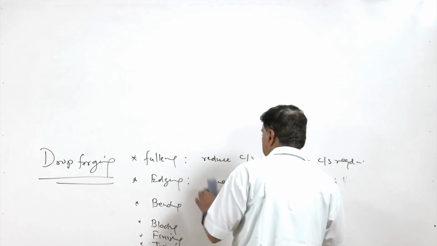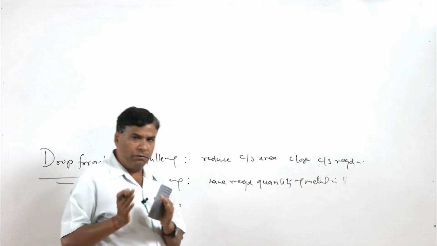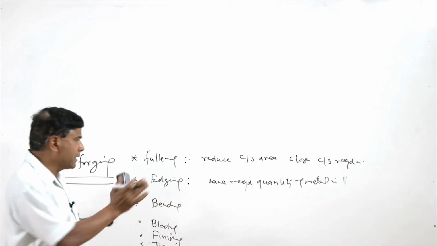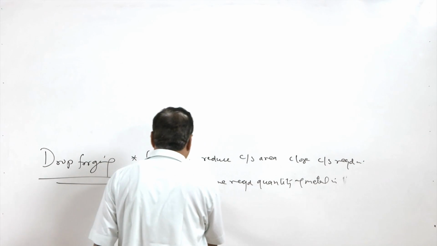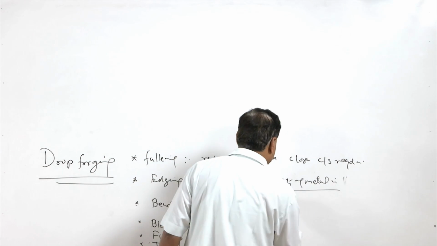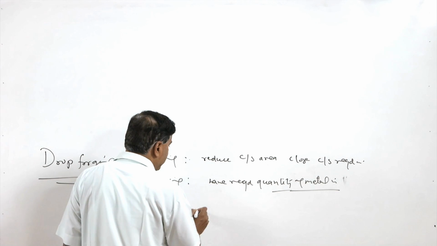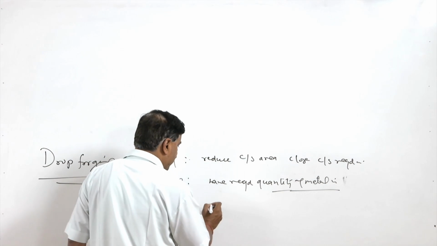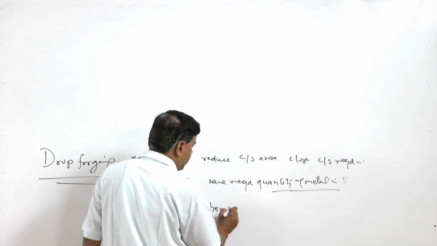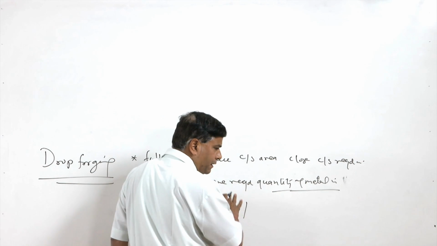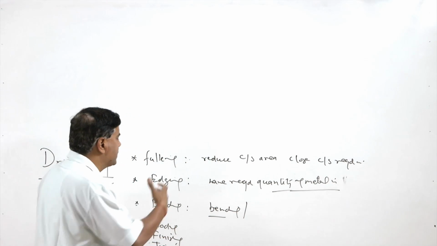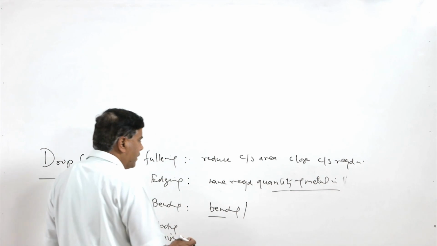Basically, whatever is the amount of metal desired in the final product, that is what is reduced in the edging process, and that is what is limited to the requirement in the bending as per the shape of the product.